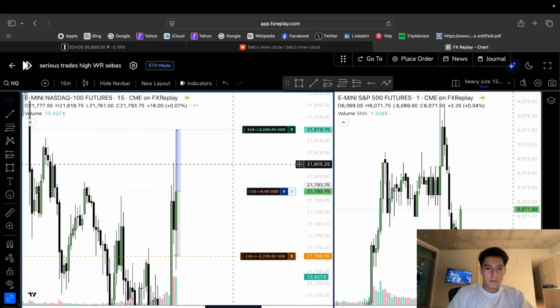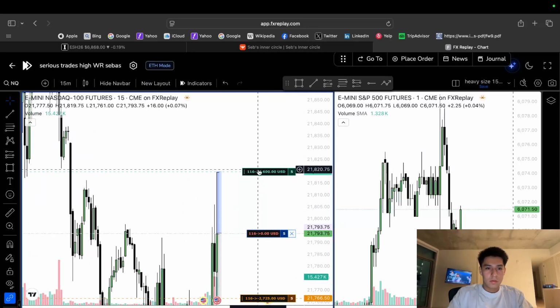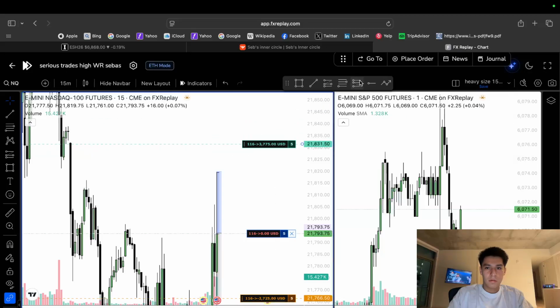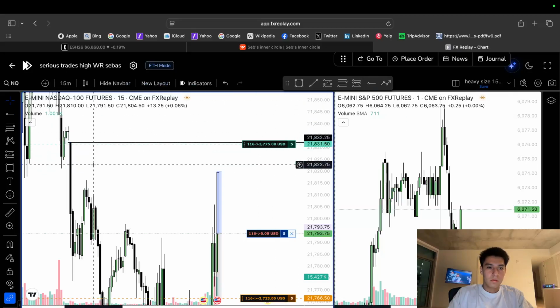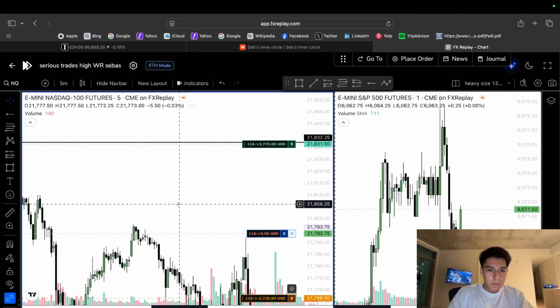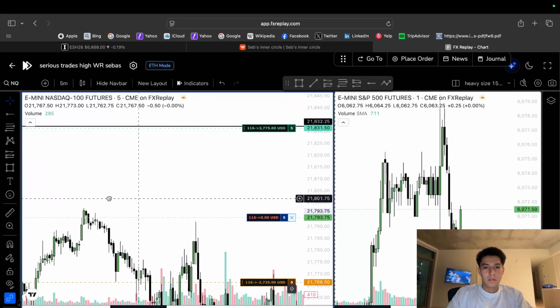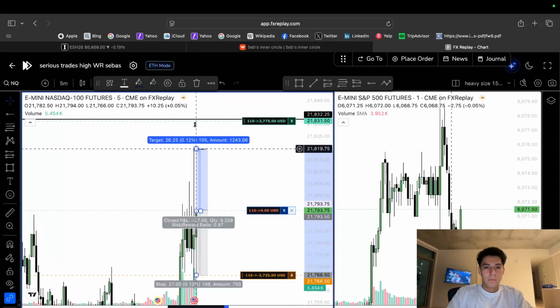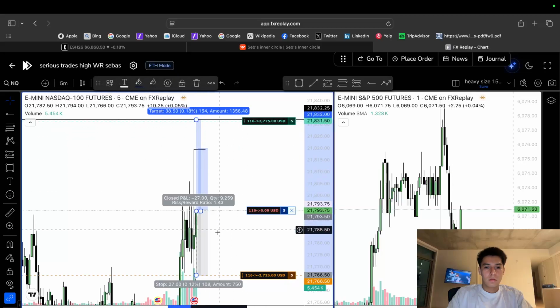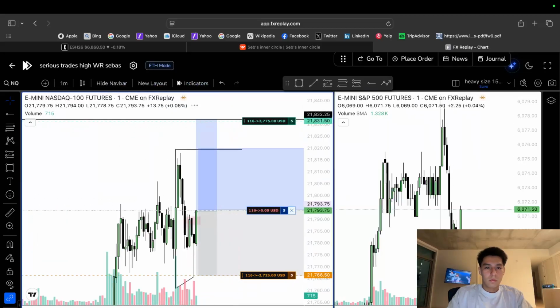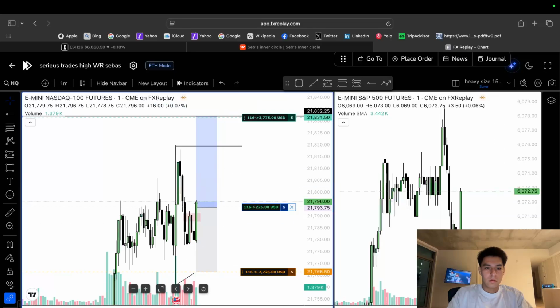Overall bullish narrative here, which we could hold to this imbalance here. I'd probably hold here. Let's see the 5-minute. Yeah, there's an imbalance from Asia that we created. So we'll just hold to this. A little bit more RR, but we'll be break even relatively quick.